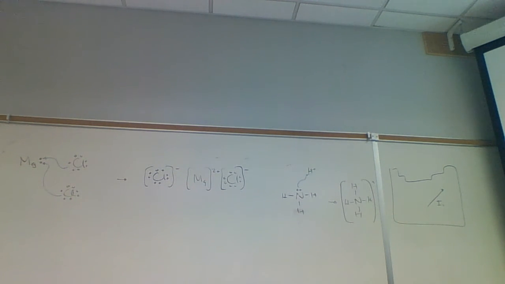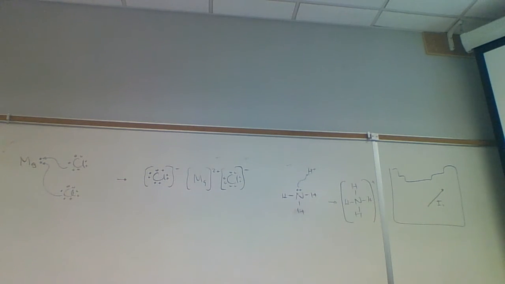If I had a rod or a bar that was positively charged or negatively charged, ammonia molecules would be attracted to it as well, because when we look at the map, this is the map of the ammonia here. And when we look at the electrostatic potential map, we see that we have an electron-rich region here and an electron-poor region here.